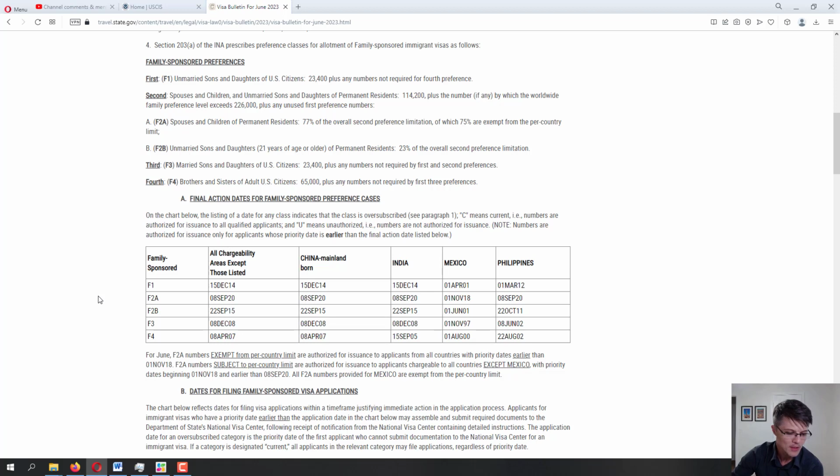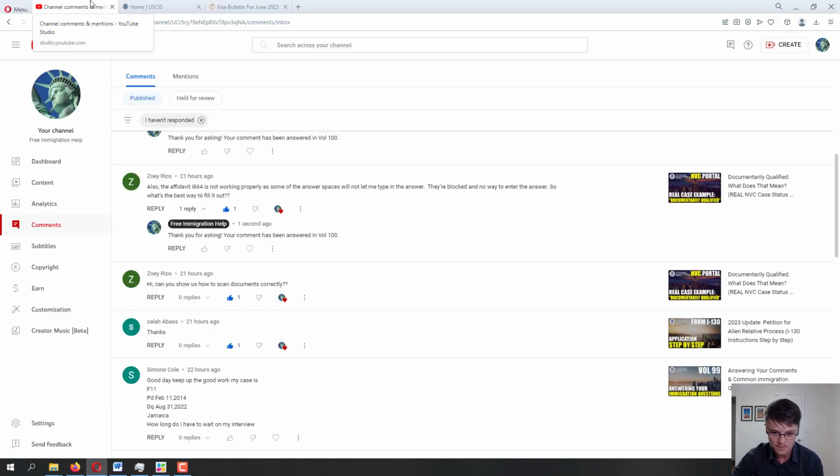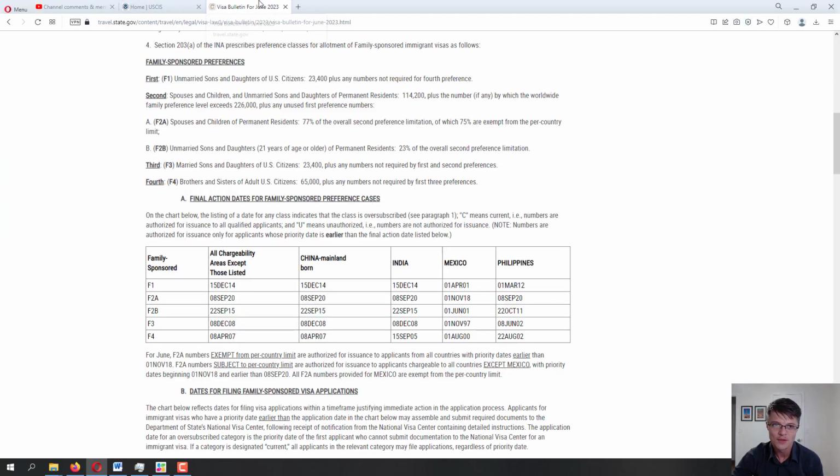People with the priority date in December 2014 who are documentarily qualified already are just now having their immigrant visas become available. You are in February 2014, which is before December 2014.